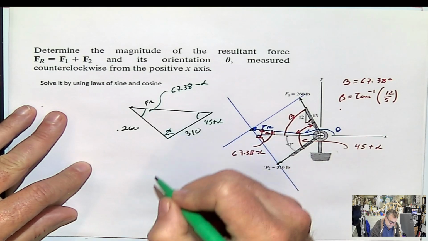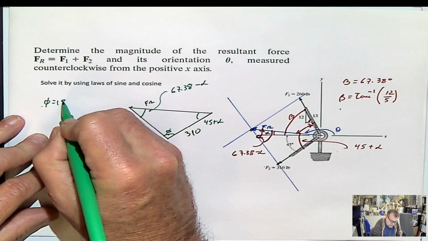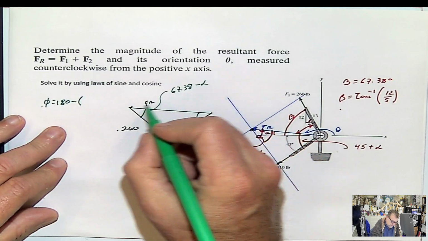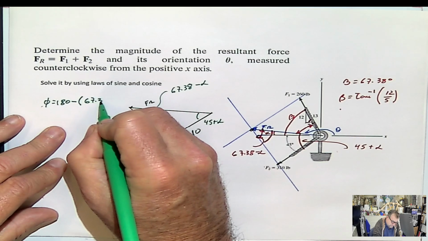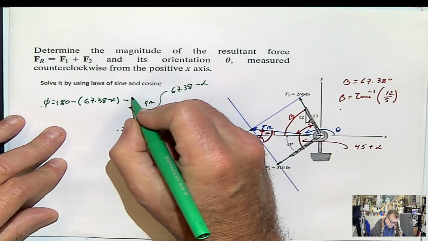So then phi will be 180 minus this angle minus this other angle.